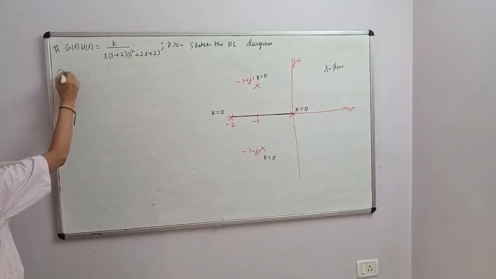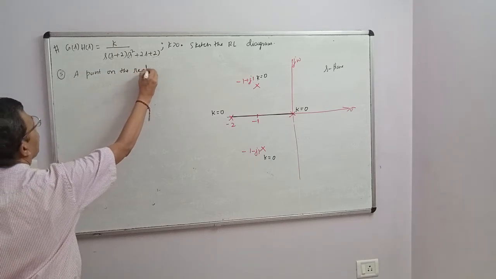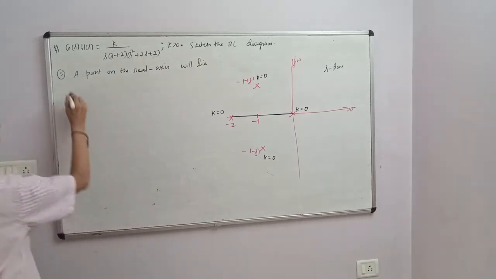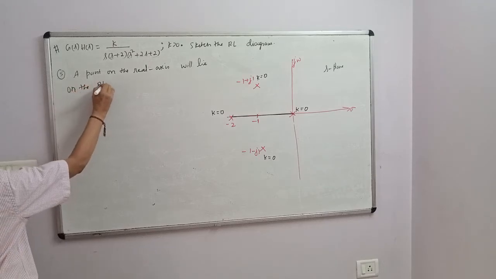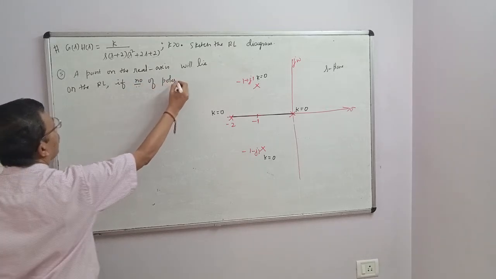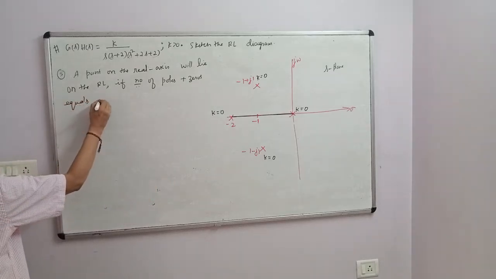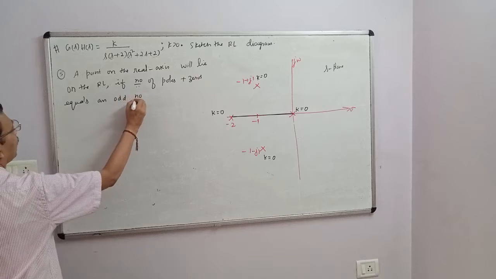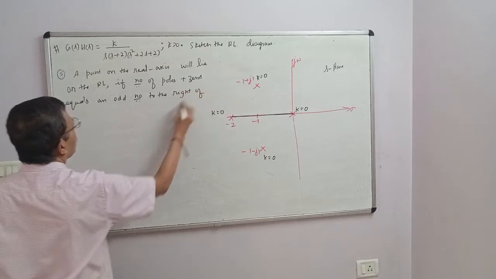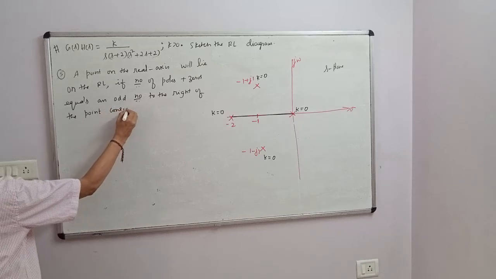Next step, a point on the real axis will lie on the root locus if number of poles plus zeros equals an odd number to the right of the point considered.